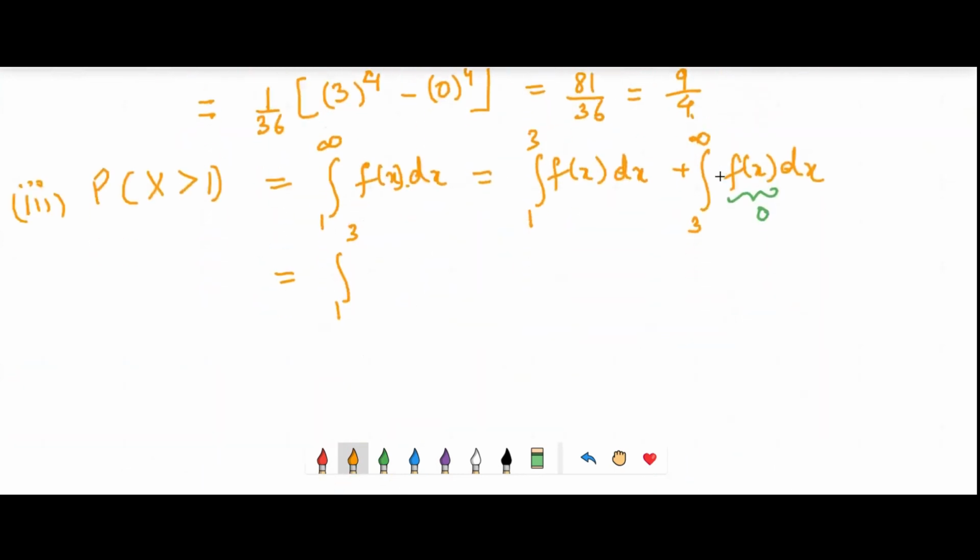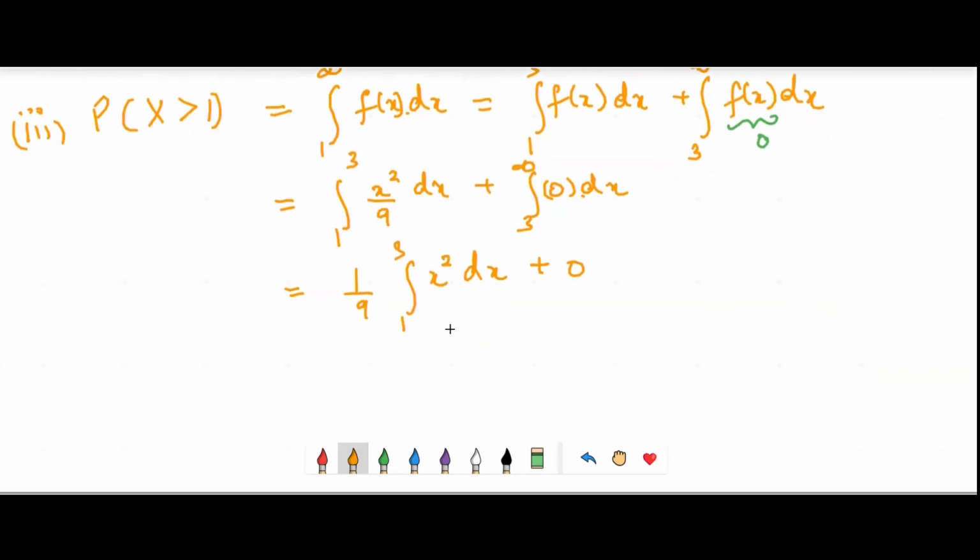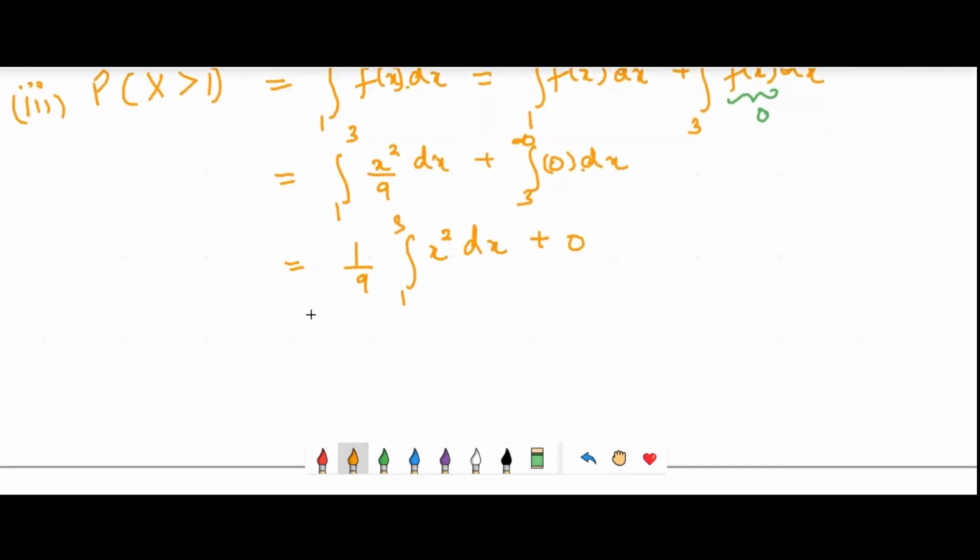So it would be the integral of x square upon 9 dx plus the integral to infinity of 0 dx. So the integral of x square is x cubed by 3.